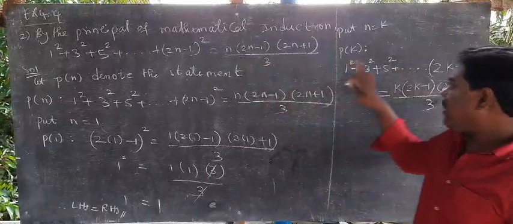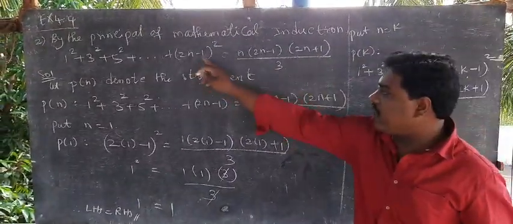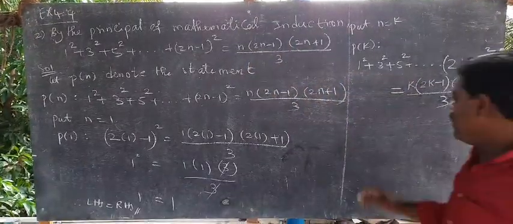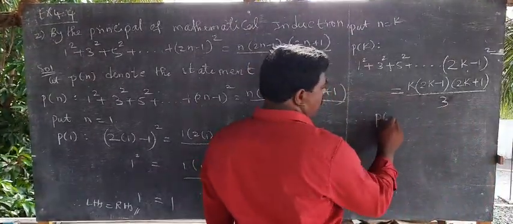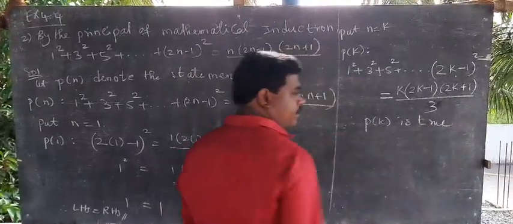So here we just applied n equal to k; where we are having n, there we apply k. That's all. The step will be over. Therefore, P of k is true.